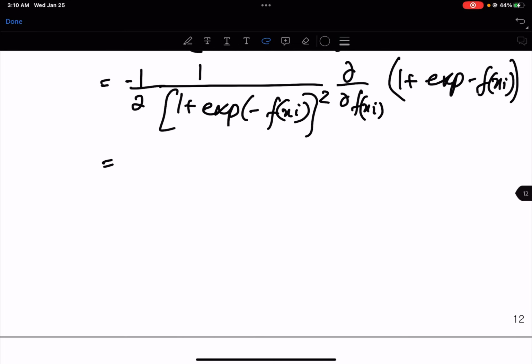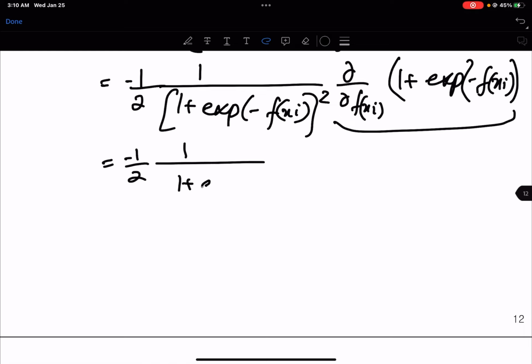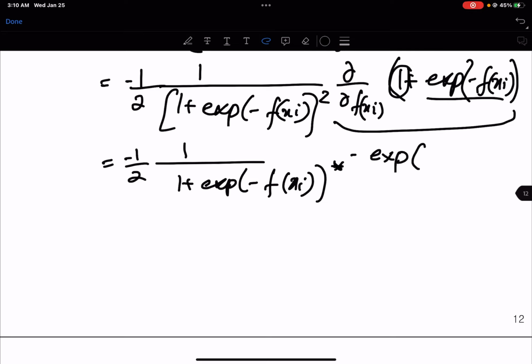So now we are going to focus on the partial of 1 plus exponent minus f of xi. If we take this derivative, this part constant is left behind, and we are left with only exponent of minus f of xi.